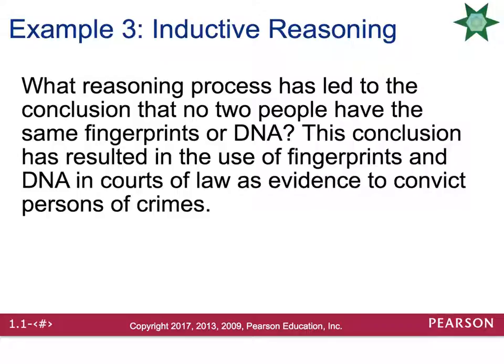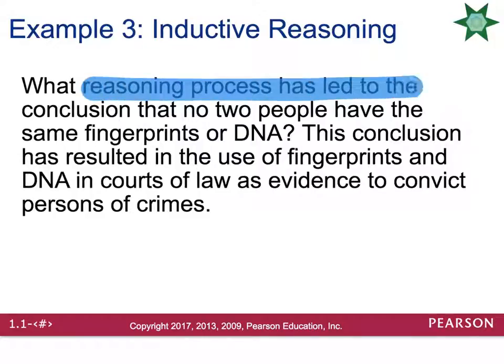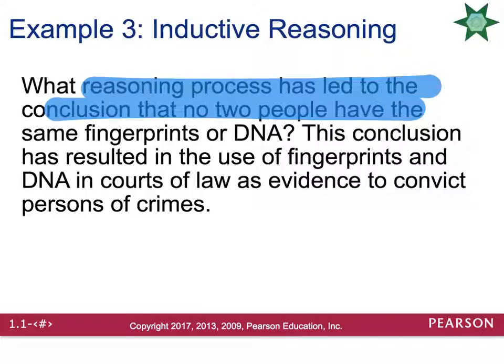Okay, so here's an example. What reasoning process has led to the conclusion that no two people have the same fingerprints, or no two people have the same DNA? Well, we base that on observations. We've noticed through observations that no two people have the exact same fingerprints or the exact same DNA.